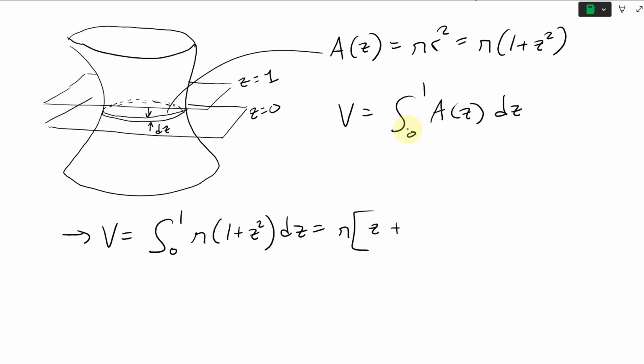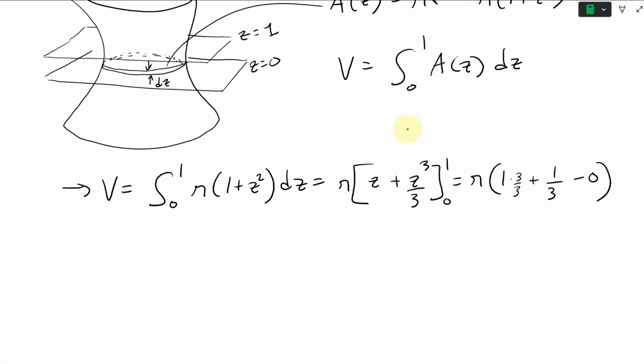And then the integral of z squared is equal to z cubed over 3. And this is going to be from 0 to 1. This equals pi times, put the 1 there, 1 plus 1 cubed over 3. And also multiply top and bottom by 3, so 3 plus 1 over 3. And then minus, this all just vanishes to 0, just like that.